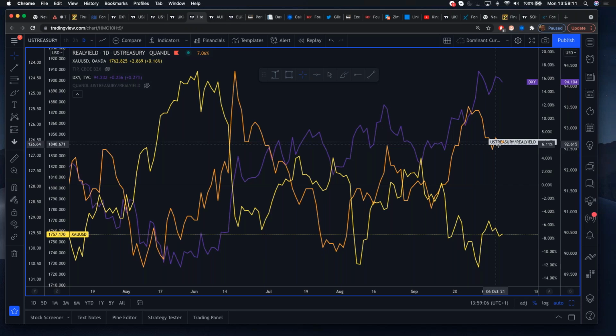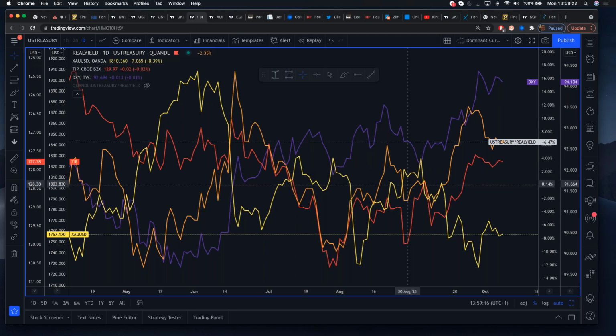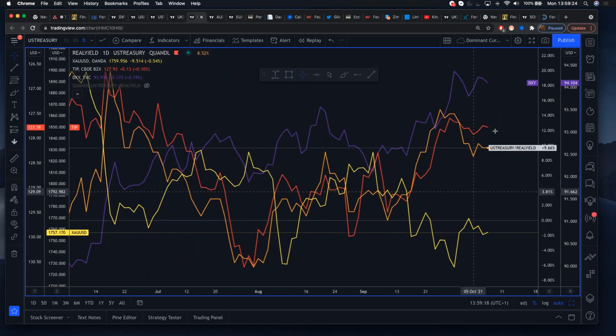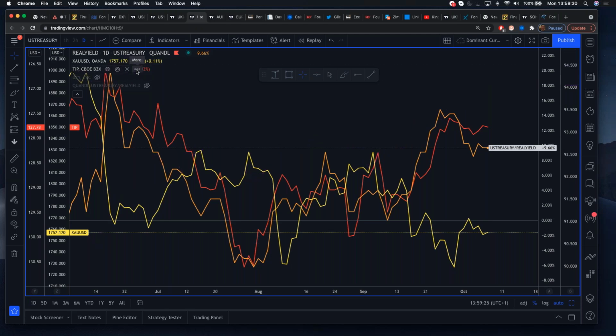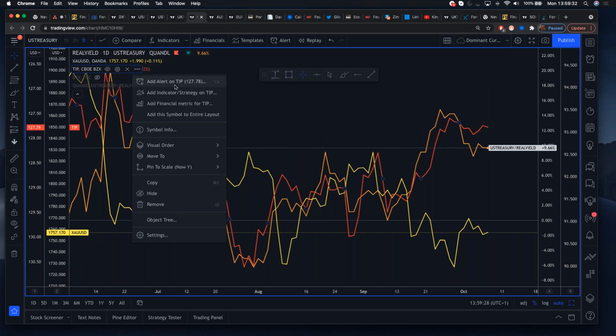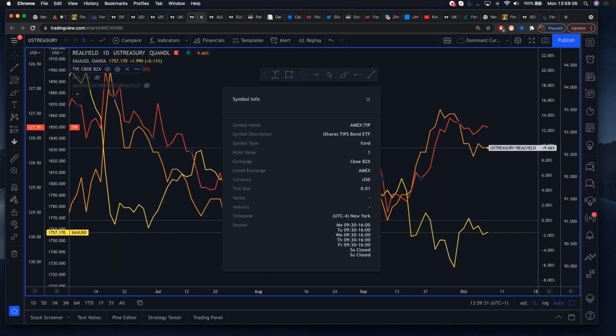Real yield is the US 10 year minus inflation expectations. So Manu, you want to keep your eyes on this. Now the TIP is an inflation gauge which is roughly proximate to real yields. The TradingView symbol is this symbol here, AMEX TIP.